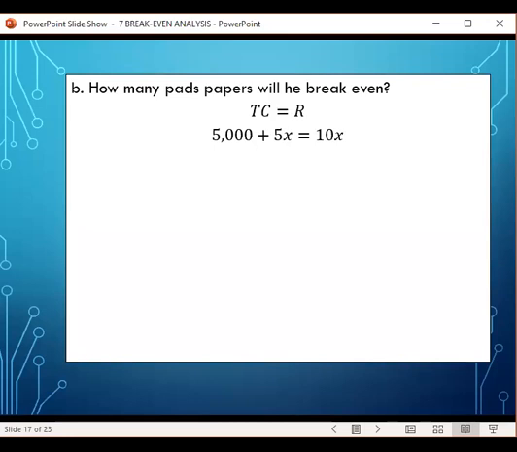Solving for the value of x, you have 5,000 is equal to 10x minus 5x. So you subtract these two, you get 10x minus 5x is 5x. So solving for the value of x, you get x equal to 1,000. So meaning, if there are only 1,000 pads of paper being sold, there is no profit nor loss.